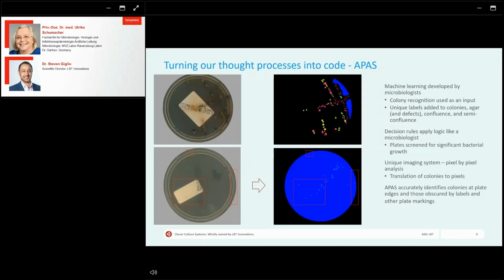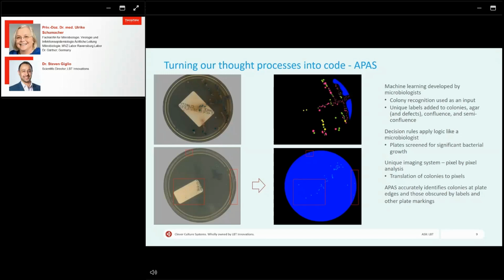The end result, if you look at the bottom two images, is this is a VRE plate. You can see that the image on the left has got Sharpie marking, it's got labels, it's got imperfections on the agar plate. The right-hand image on the bottom is the APAS image, and it just shows you that it eliminates the labels.